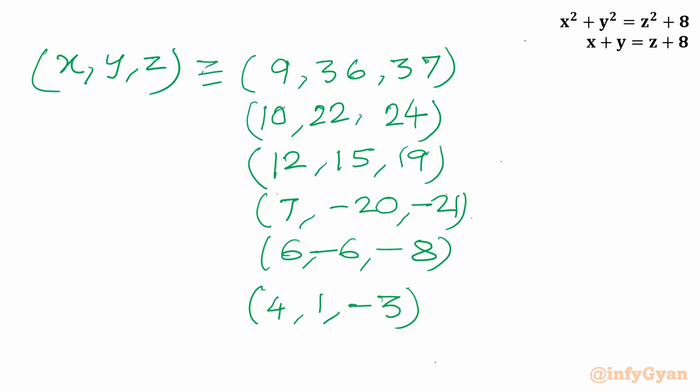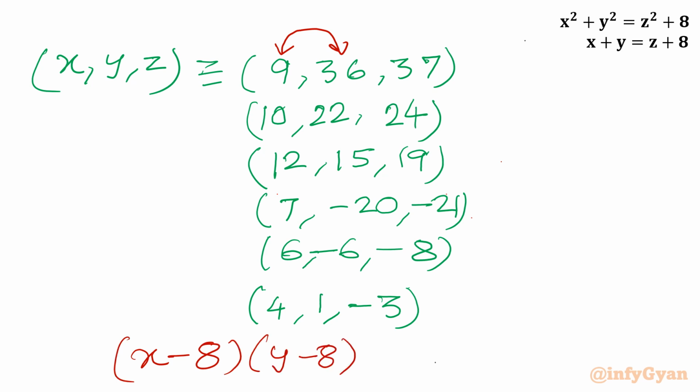Now I will swap the x and y values for the other 6 solutions, as the equations were symmetrical with respect to x and y. Since x minus 8 times y minus 8 equal to 28, once I swap x and y, the equation will be as it is.